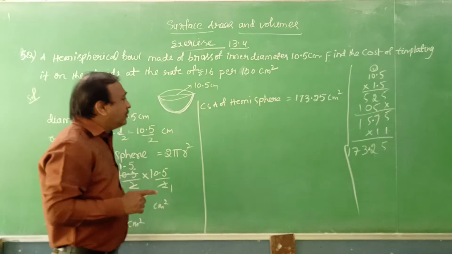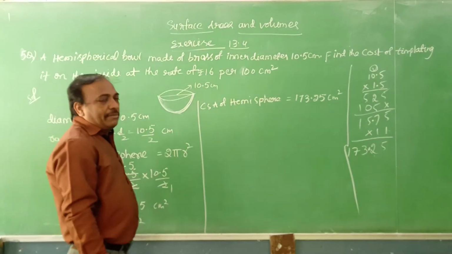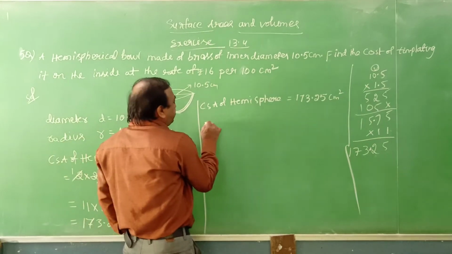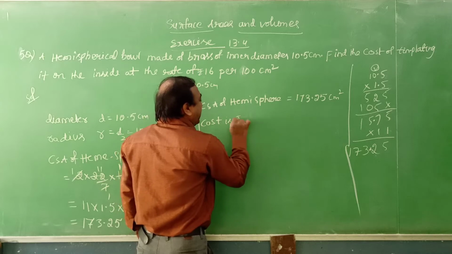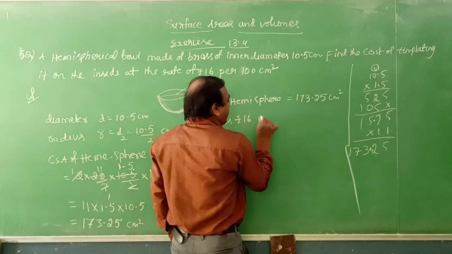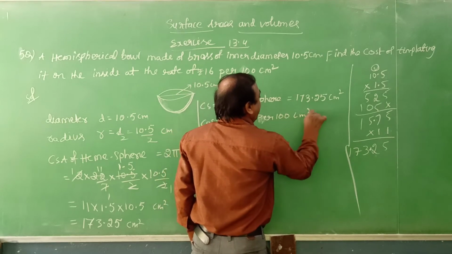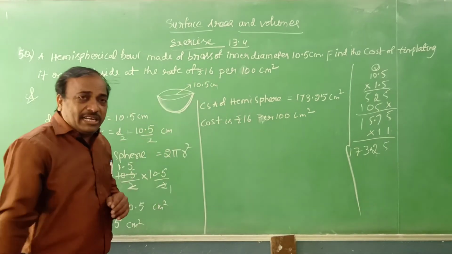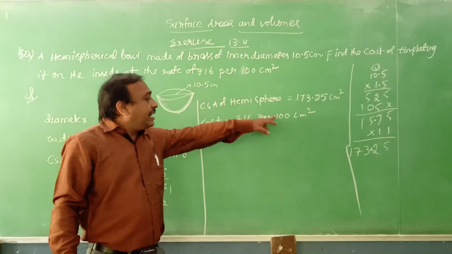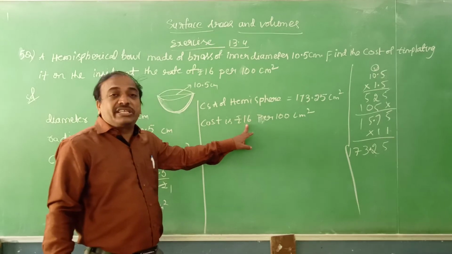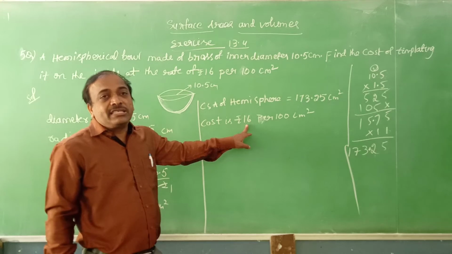Now the CSA of the hemisphere is 173.25 centimeter square. The cost is rupees 16 per 100 centimeter square. For 100 centimeter square it is 16. What is the cost of 1 centimeter square?